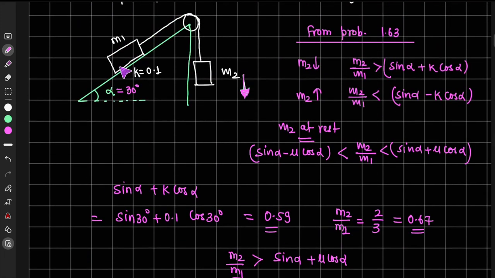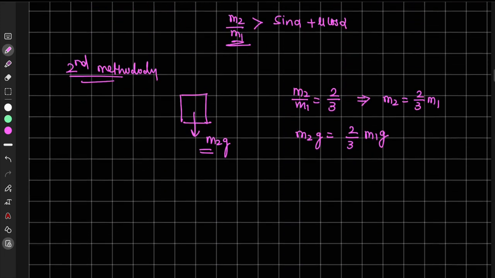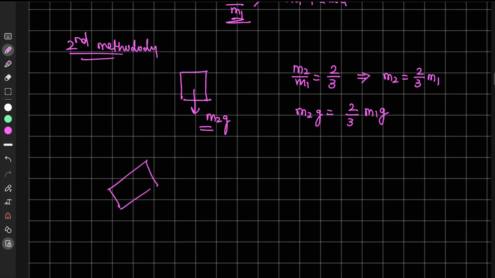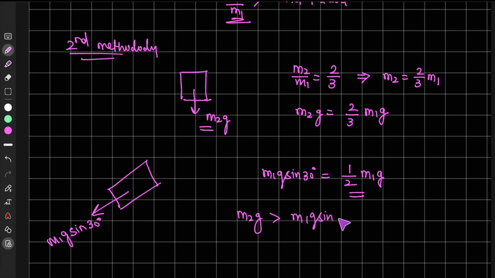If we draw the free body diagram of mass m1, in this direction we will have the force m1g sin 30 degrees, which is equal to half into m1 into g. And we can clearly see that m2g is greater than m1g sin alpha, or sin 30 degrees.